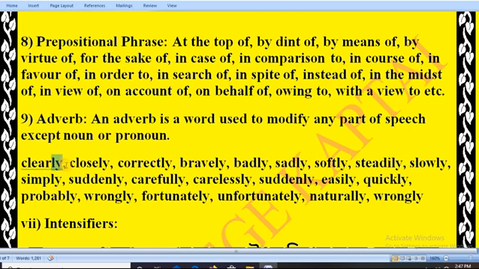At the end of the word you see ly, but not all the words have ly. Suppose here, there. These words don't have any ly.